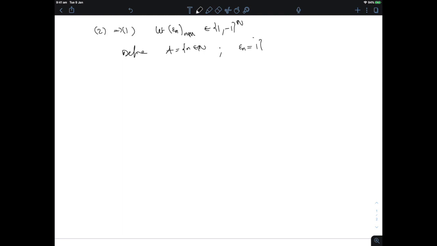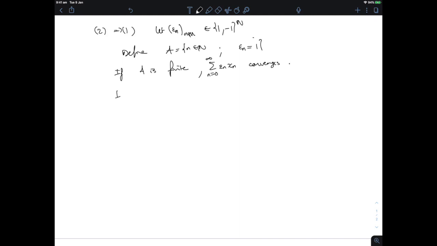Okay, now there are two possibilities. Either that set is finite. If A is finite, then the sum of epsilon_n x_n does converge, because throwing away finitely many terms, it is equal to minus the series sum of x_n, which we already know converges.